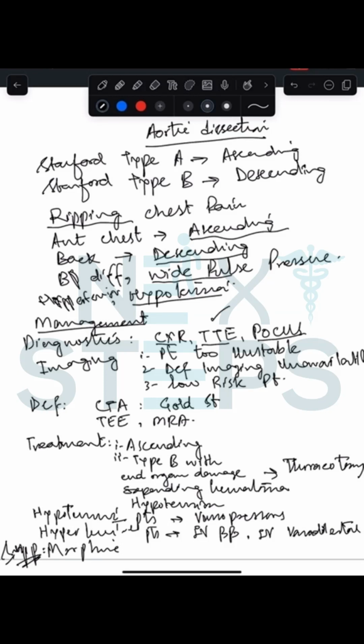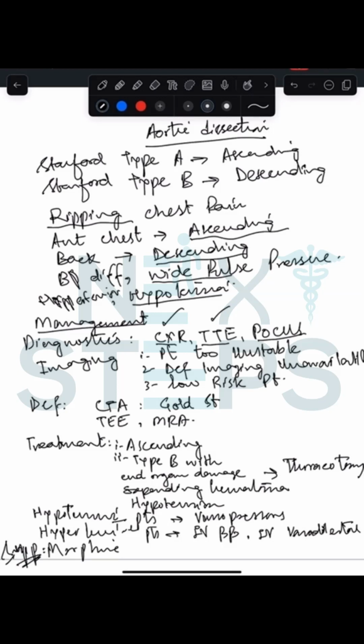That will be the most likely answer in the given scenario. Or you can do a chest x-ray that will show a widened mediastinum, or you can do a point of care ultrasound. Secondly, if the definitive imaging is not available at a facility, you can go for these tests. Or if the patient is low risk and you do not consider it to be a case of aortic dissection, you can do these diagnostics just to rule it out.